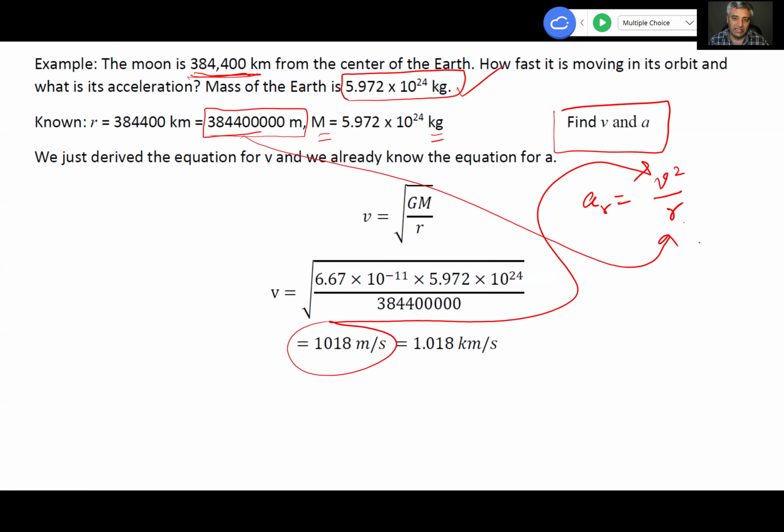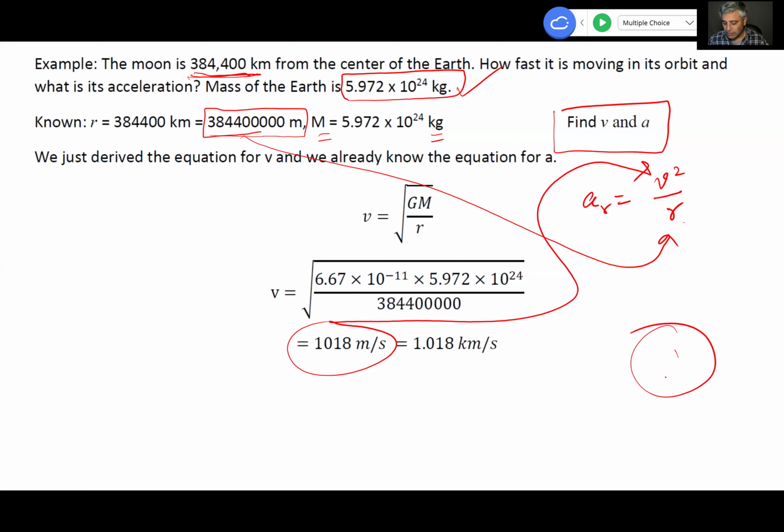Once you have speed and radius for an object that's going in a circle or part of a circle, you can find the acceleration using that formula. And the direction of the velocity is always tangential to the circle at that moment.